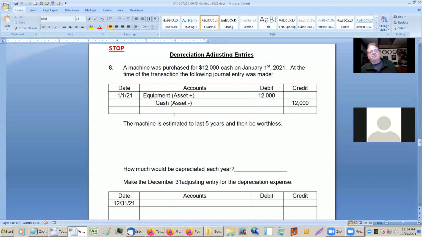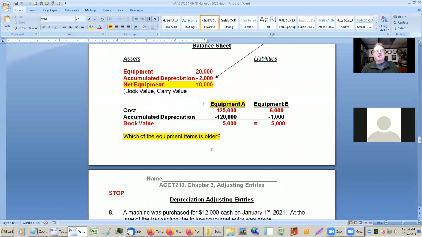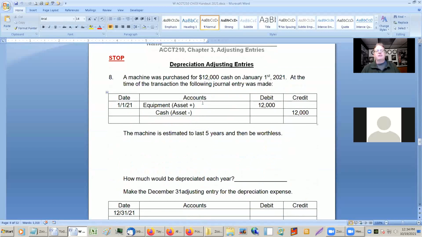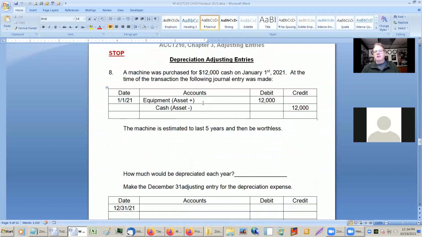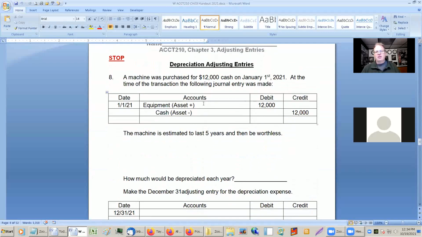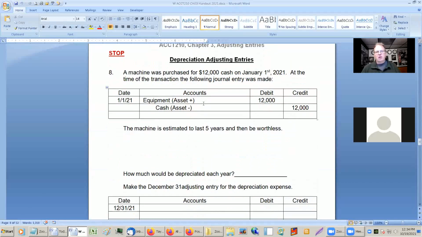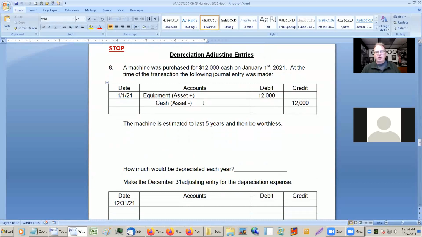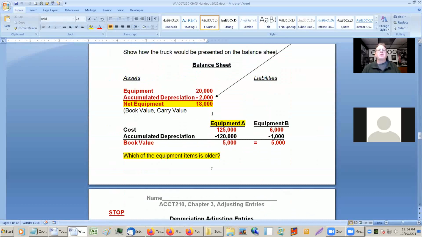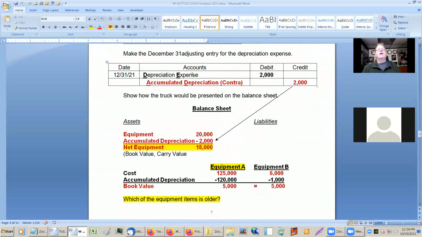All right, so I think we stopped on number 8. And we're talking about depreciation, which we did up here.